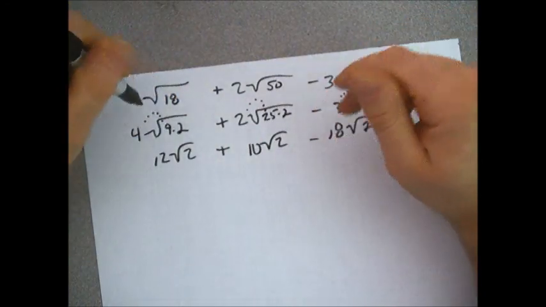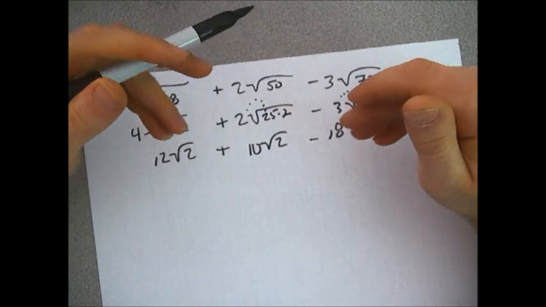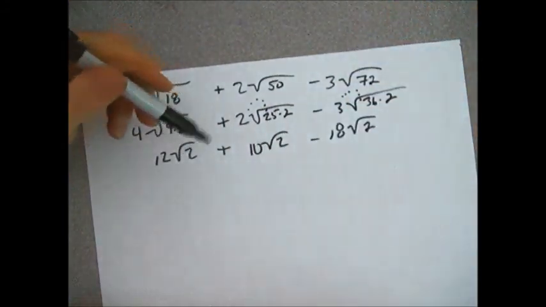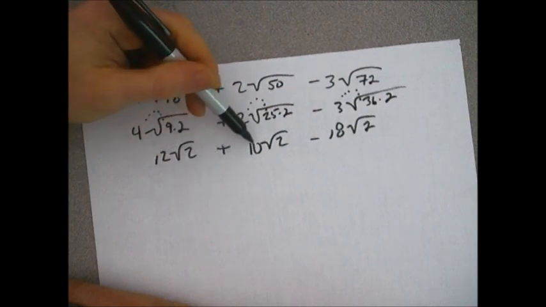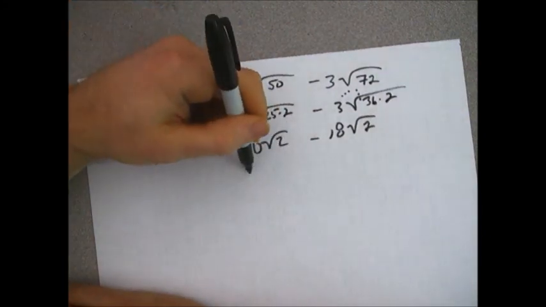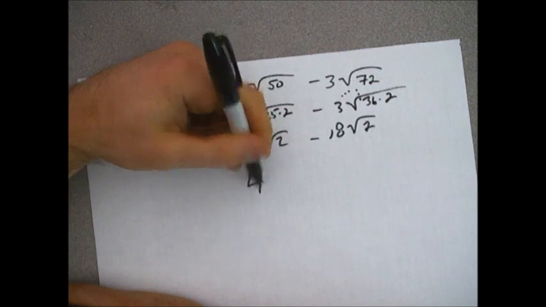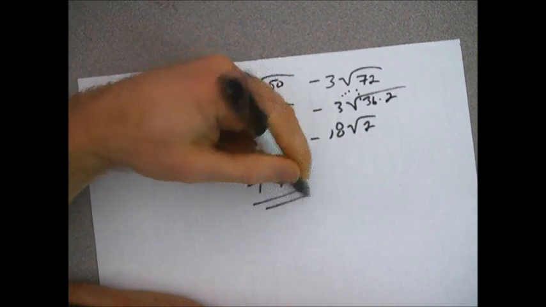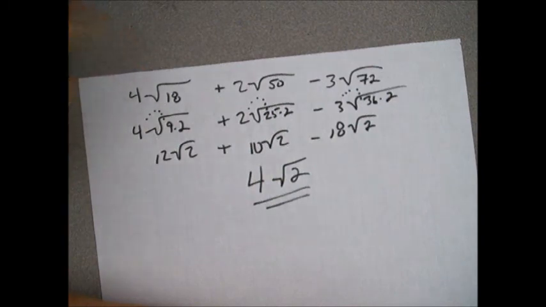Originally we just had the same index number, and by breaking them down and simplifying them, now we have the same number underneath. So I just add and subtract the outside number. 12 plus 10 is 22, and 22 minus 18 is 4. So 4 root 2. Good? Any questions? Okay, good.